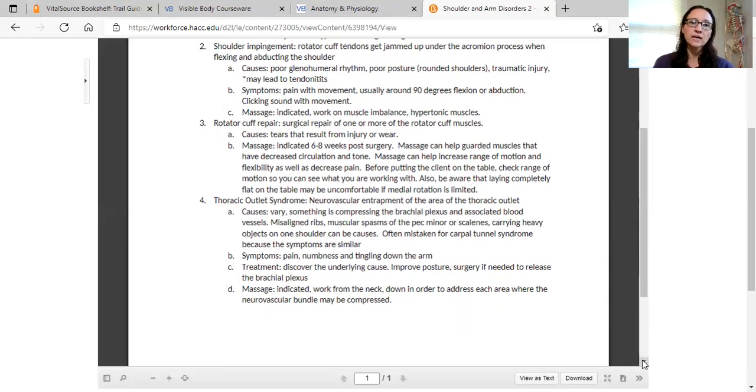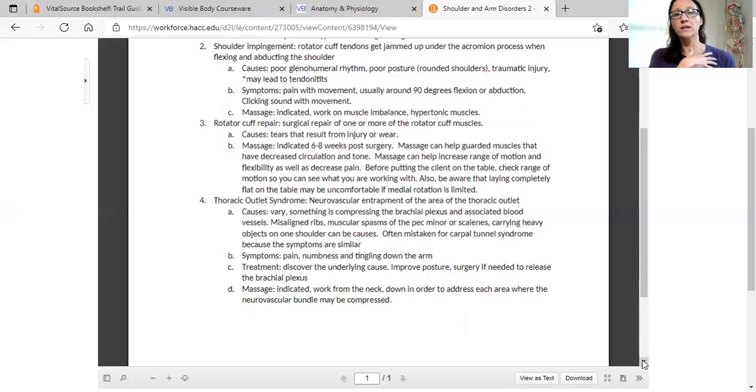All right, and last but not least, we have thoracic outlet syndrome. Thoracic outlet syndrome is actually an umbrella term because it's a neurovascular impingement anywhere along the thoracic outlet. And the thoracic outlet starts in the neck, as I mentioned when we were talking about the brachial plexus, that's actually where all of this begins.